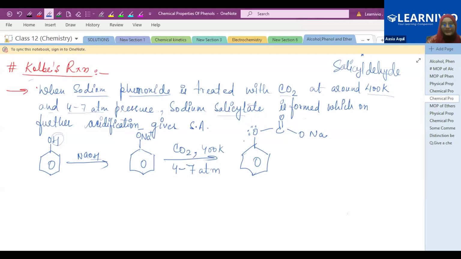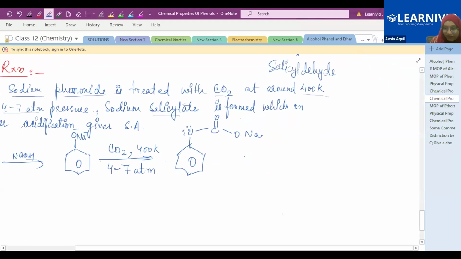Yes, ma'am. Next step. See, this is a little bit tricky, so you should remember this. Here there will be a reversible process or rearrangement, you can say. There will be a rearrangement because there is a bulky group. COONa is a bulky group, so it's quite unstable. For stability, this whole group will rearrange itself to the ortho position.